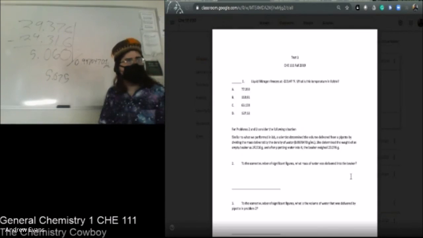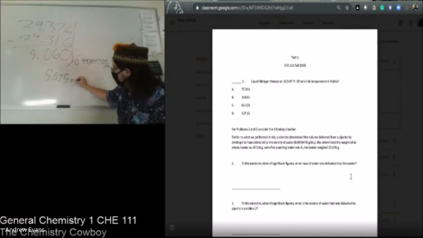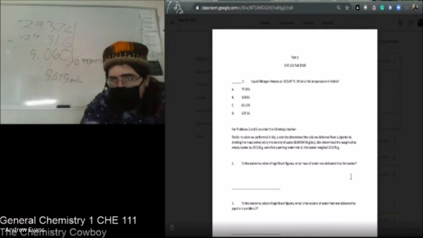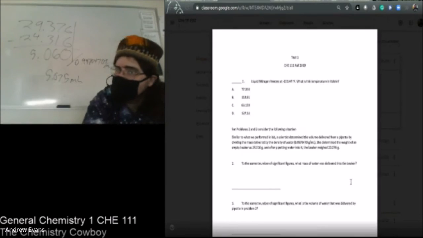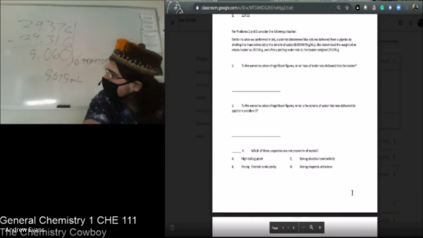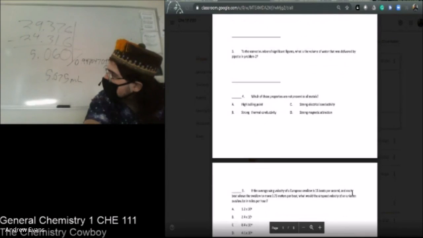That's the volume of water we would have delivered. And so that's what I was looking for in this problem. Do you remember the simple rules of sig figs, not going too complex? In this case, everything had a decimal, so it was simple addition and subtraction in reference to lab.